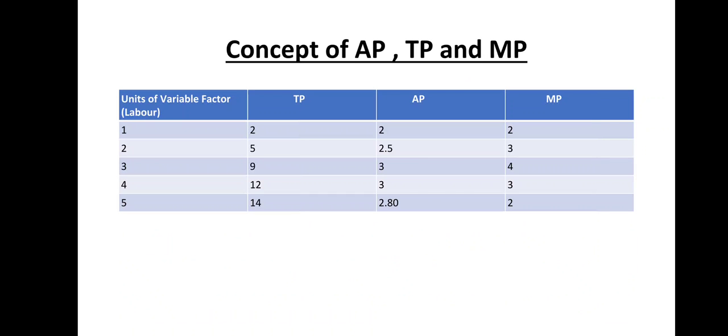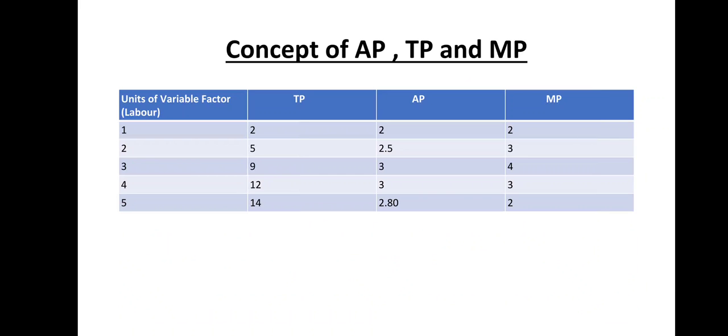The relationship between these concepts, that is AP, TP and MP, can better be understood with the help of the table, and you can also calculate on your own AP from TP and MP from TP. The first part shows the number of units of the variable factor, and the second part shows TP, and we can calculate AP from TP. TP divided by the units of variable factors, and we calculate that at first stage it is 2, at the second stage 5 divided by 2, it is 2.5 and so on.